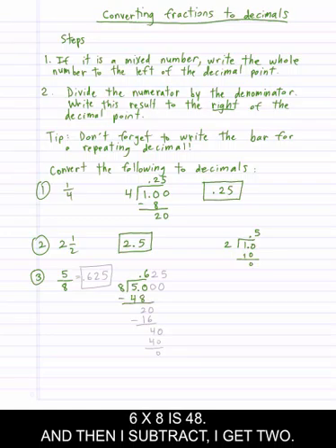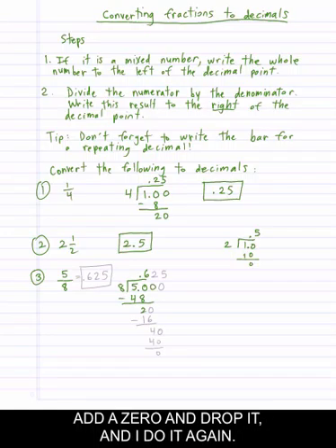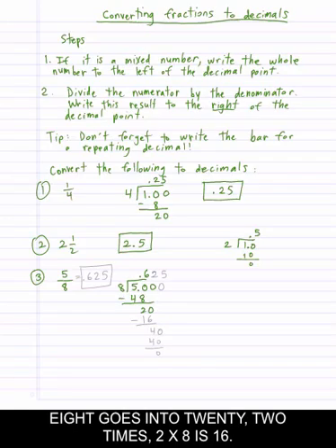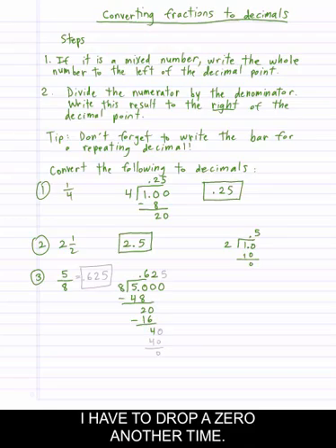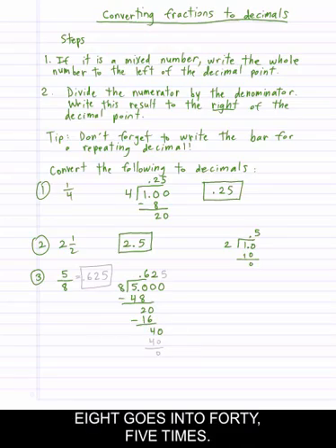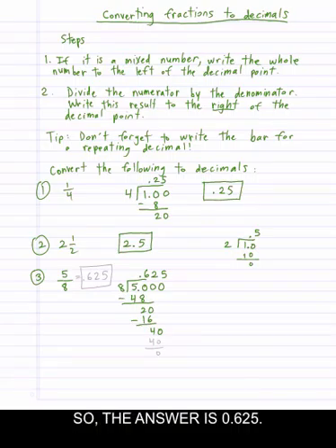And then I subtract, I get 2. Add a 0 and drop it, and I do it again. 8 goes into 20 two times. 2 times 8 is 16. Subtract, I get 4. I have to drop a 0 another time. 8 goes into 40 five times. So the answer is 0.625.